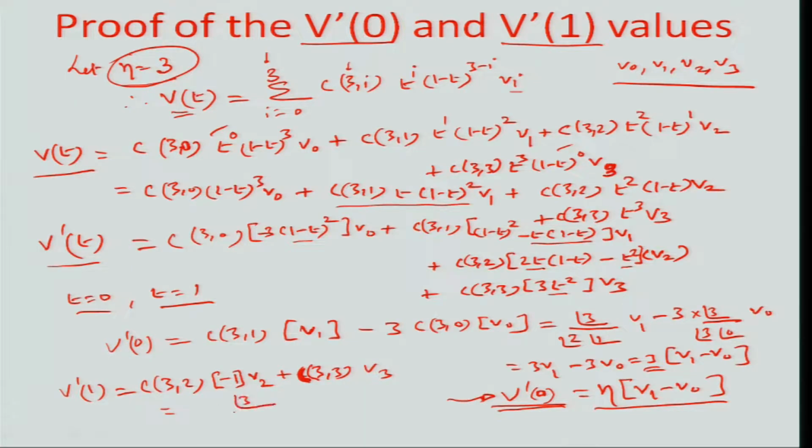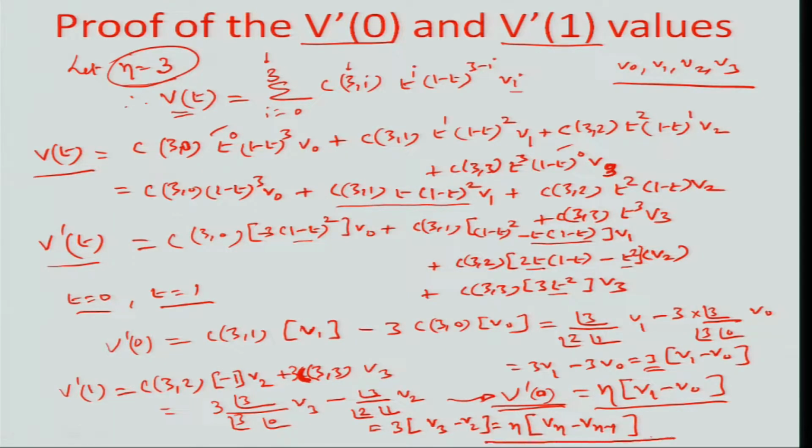So, this becomes equal to 3 factorial by 3 factorial 0 factorial v3 minus 3 factorial by 2 factorial 1 factorial v2, so you have a 3 here. So, this comes out to be equal to thrice (v3 minus v2), or this can be represented in a generic manner as n times of (vn, which is the last point, minus v n minus 1).